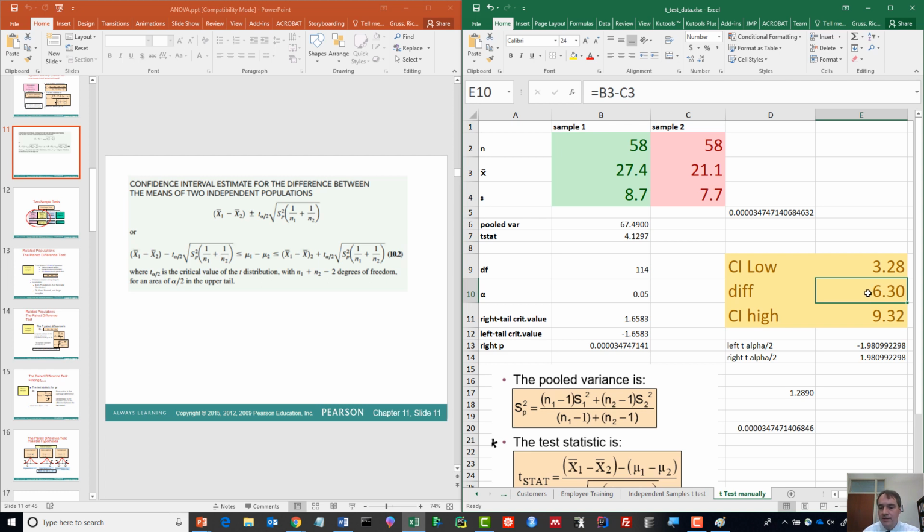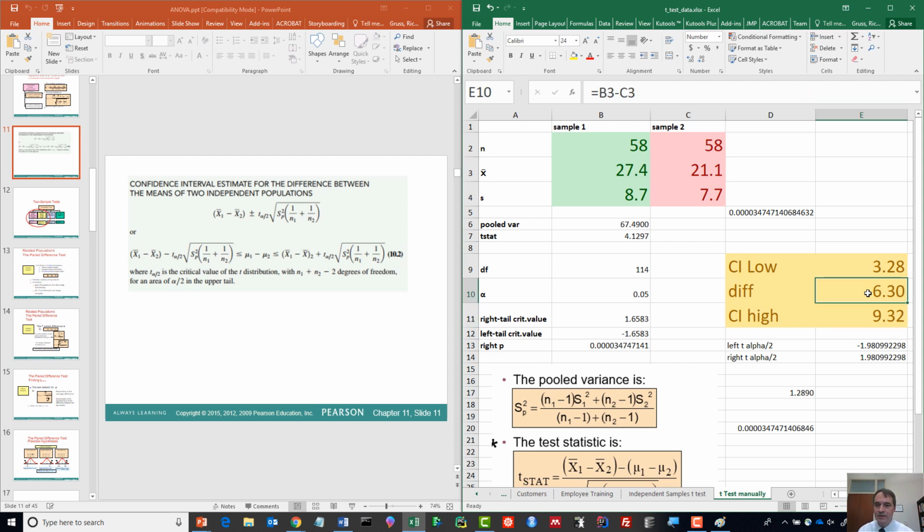So we know that the confidence interval for how large this difference is going to be is somewhere between something less than this and something more than this.